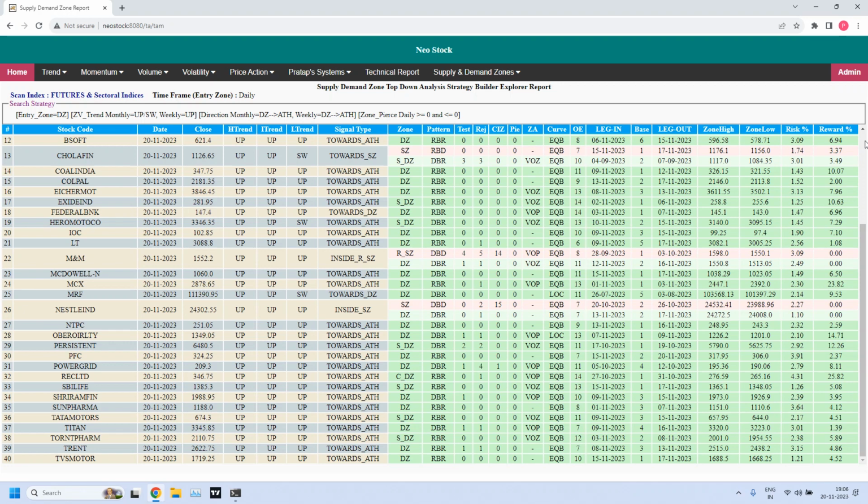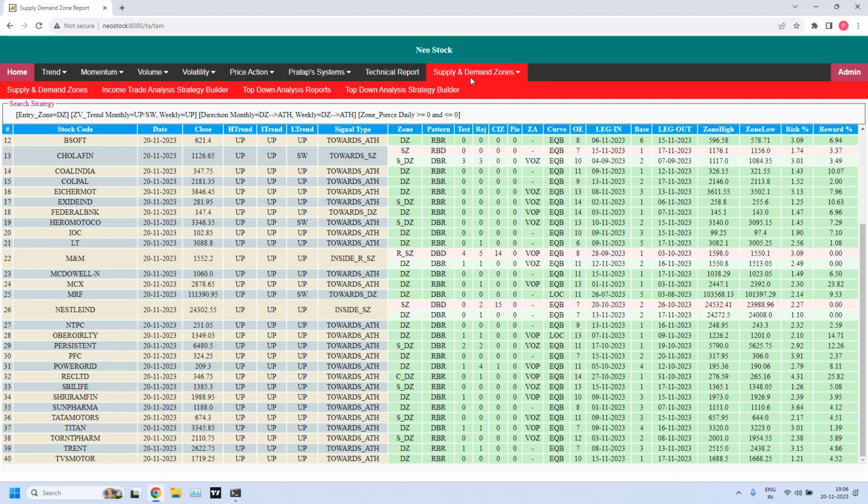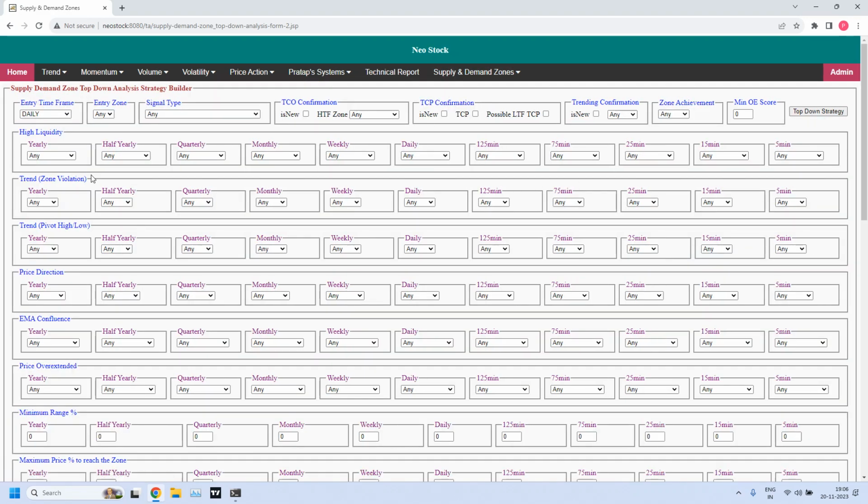Now let us look into the bearish trade setup for the daily time frame. So entry time frame is daily, entry zone is the supply zone, and the trend for monthly should be either sideways or downtrend.